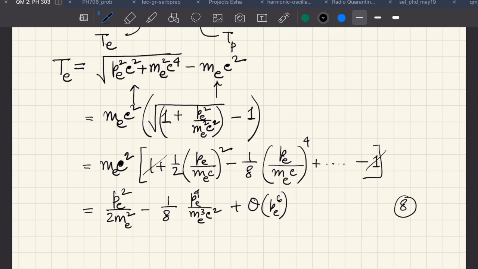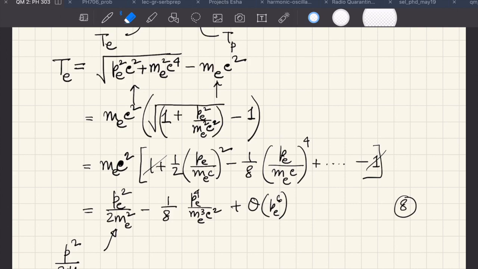So this is what we have obtained, and interestingly, of course, you would expect this to happen. The first term here is nothing but the kinetic energy of the electron at the non-relativistic level. So this is basically P squared by 2 mu. Sorry, this should not be 2 me squared; me gets cancelled.